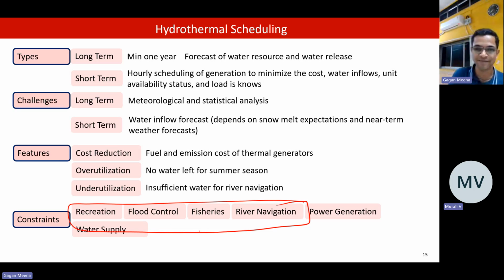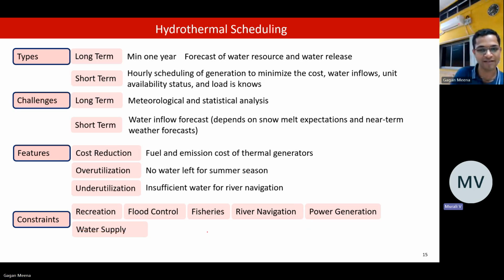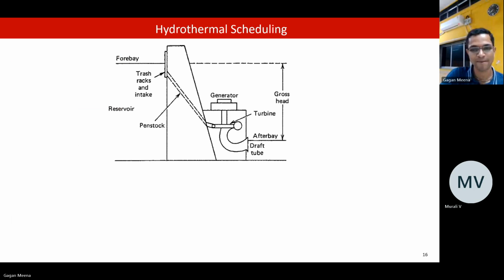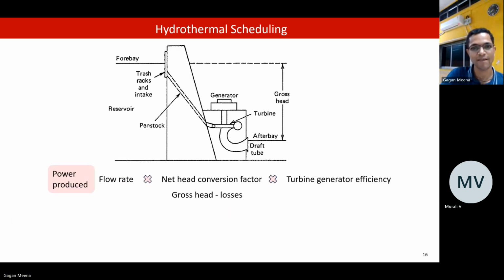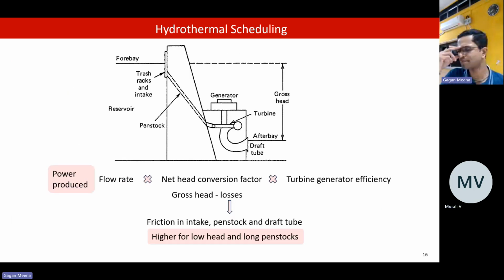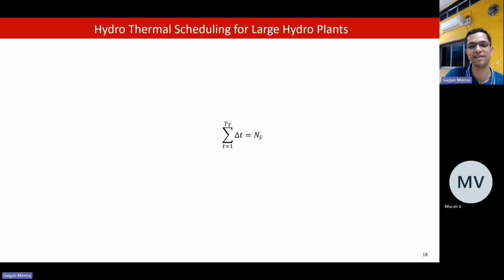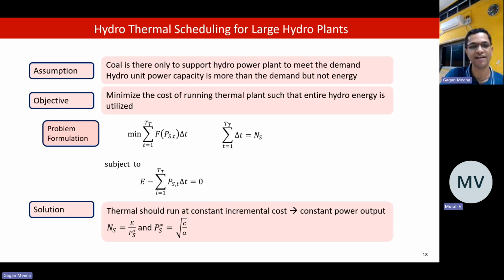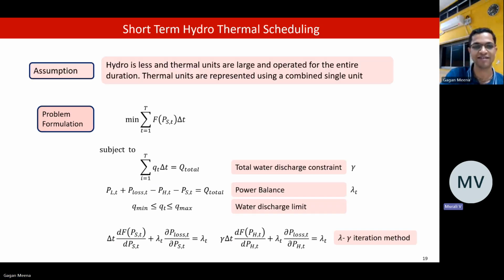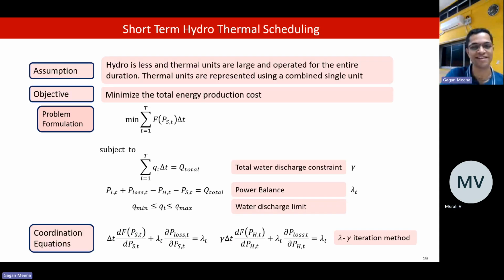You need to release a minimum amount of water, and with that you are getting 20 megawatt. It is not a technical constraint. It can work at zero technically. It's a policy constraint.